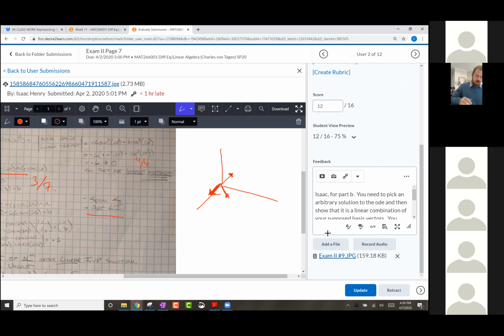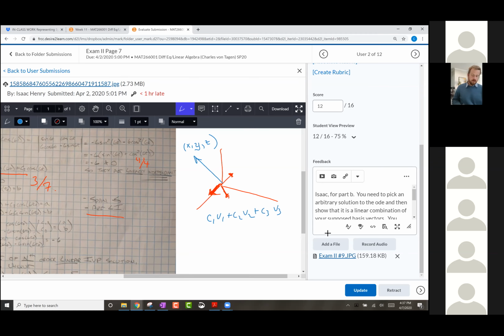Okay. So what are you going to do? To show that it's true, you're going to pick an arbitrary vector and just give it the arbitrary components x, y, and z, and then show that you can write that vector as a linear combination of those three vectors. But you need to show that.